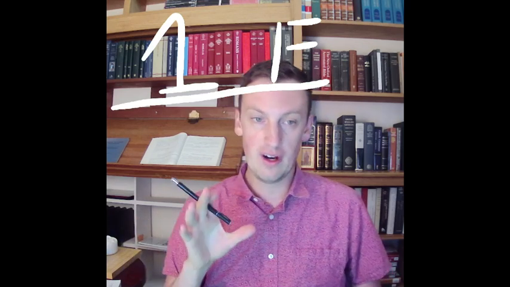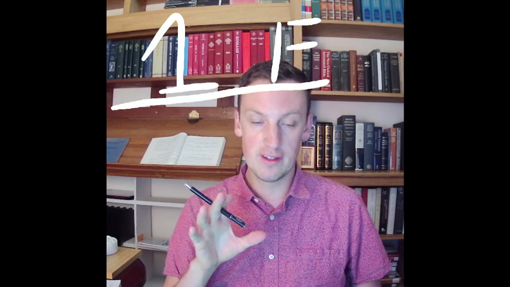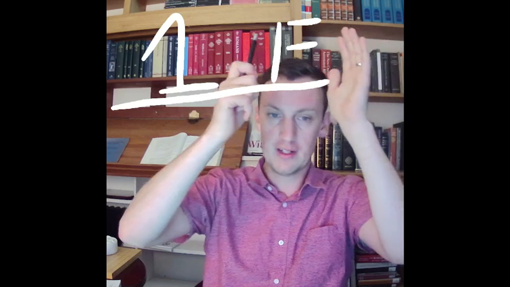Today we are going to learn the first declension feminine endings. So these are the endings that are going to attach to words that belong to the first declension. Every noun only belongs to one declension. It's a lie, but it's true enough. It belongs to one declension, and only belongs to one gender.